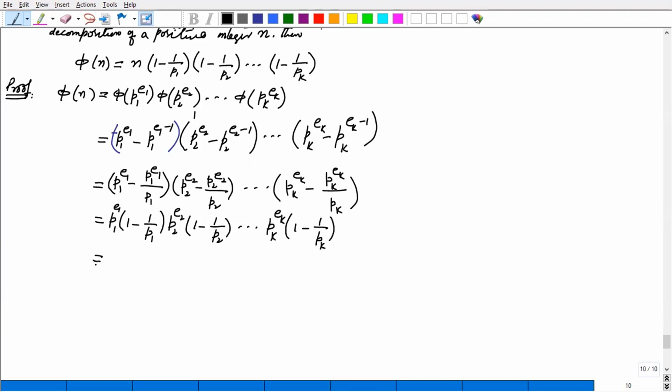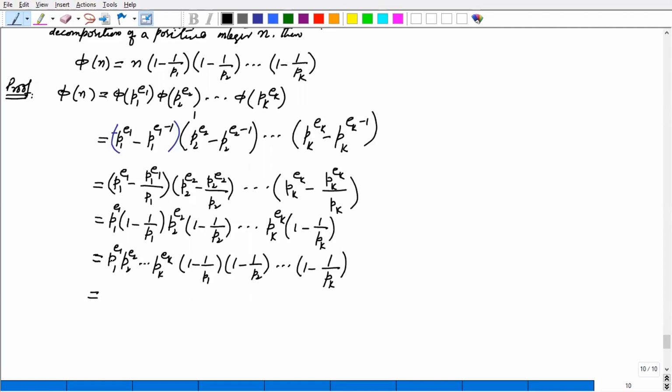Now we can write all p's together. So p1 to the power e1, p2 to the power e2 till pk to the power ek, times 1 minus 1 over p1 times 1 minus 1 over p2 till 1 minus 1 over pk.